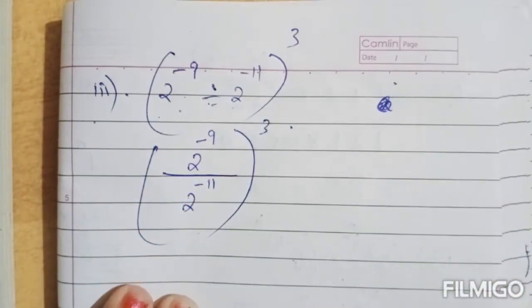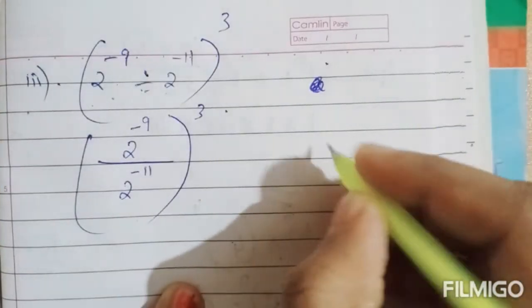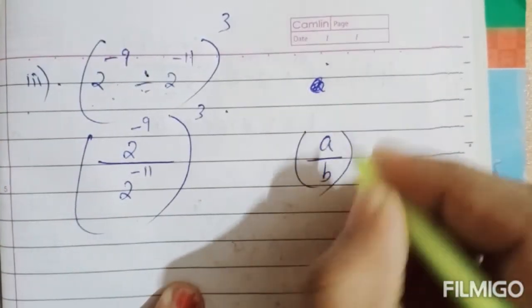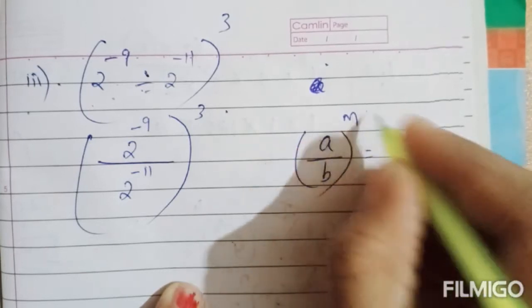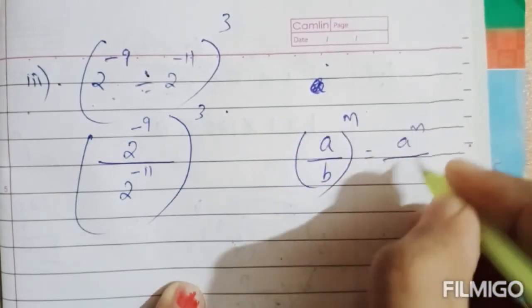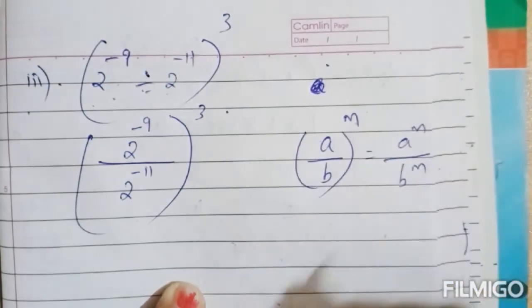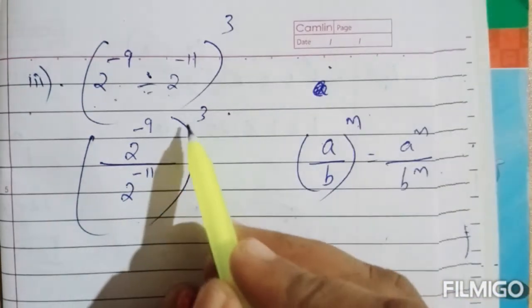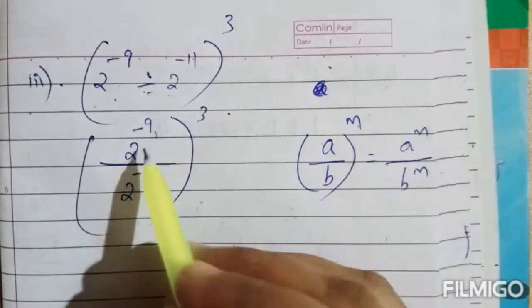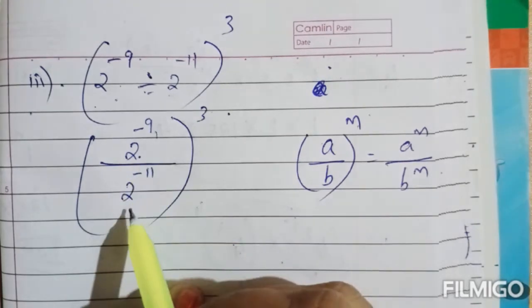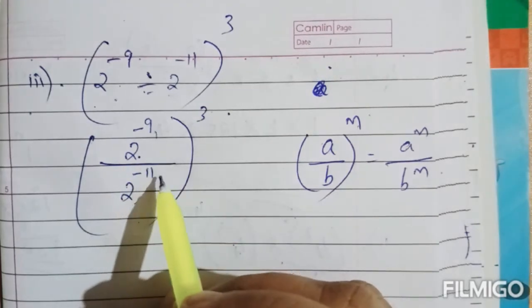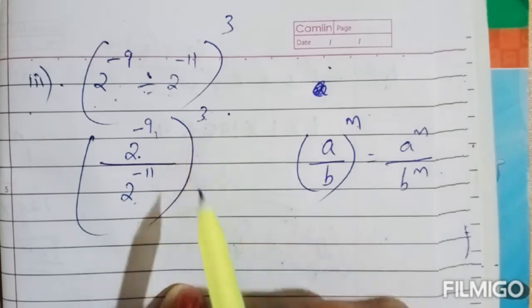Now just now we studied a by b whole raised to m, how we can write a raised to m divided by b raised to m. Similarly this is of the form a by b whole raised to m. A equal to 2 raised to minus 9 and b equal to 2 raised to minus 11. In place of m, 3 is coming.